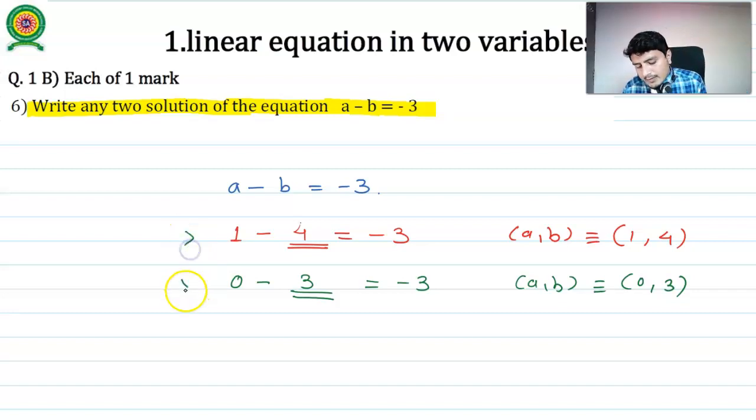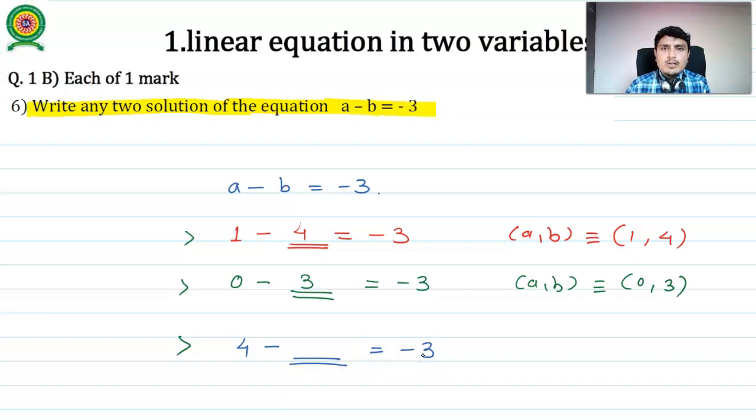So here we have two solutions. You may choose a few other values for practice. Suppose I choose the value of a as 4. So 4 minus something gives us minus 3. Randomly you may have any integer. So 4 minus 7 gives us minus 3. So the value of a is 4 and b is 7.